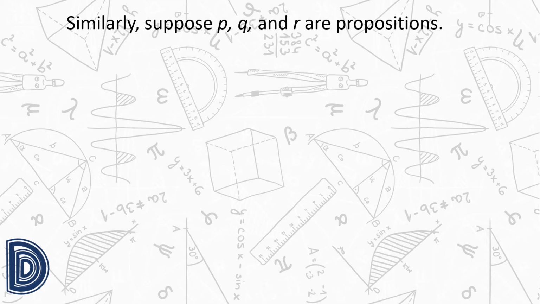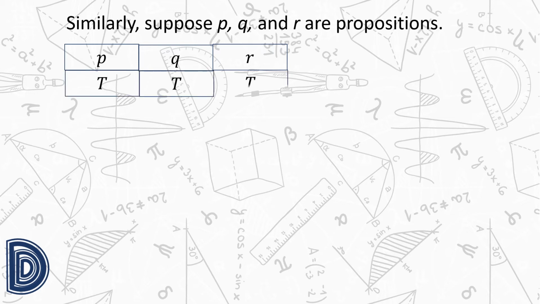Similarly, suppose we have P, Q, and R as propositions. So we have 3 propositions, and the truth table for these 3 propositions may have the truth values true for all 3, and then we can have one of the propositions false and the other 2 true.